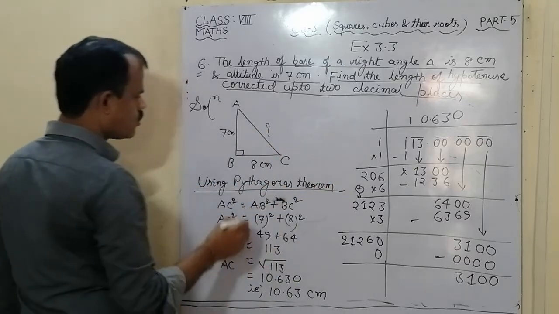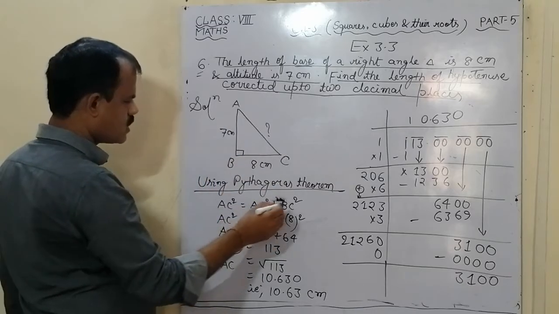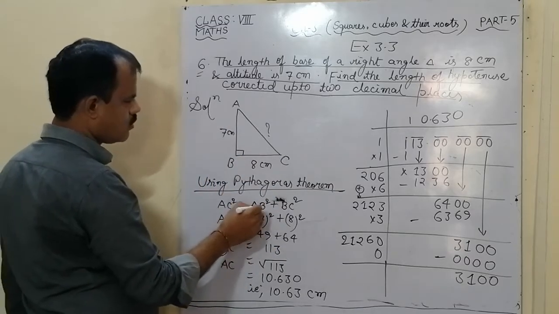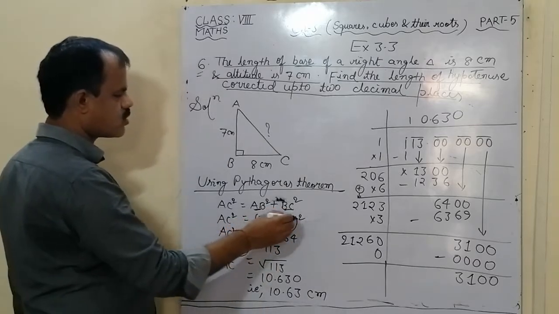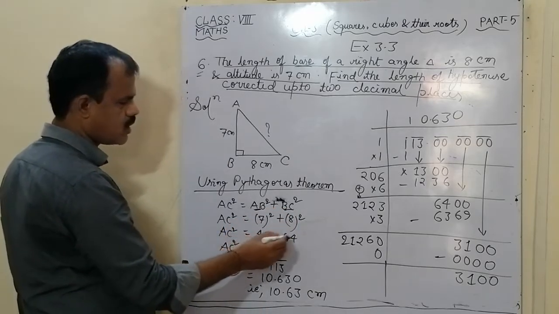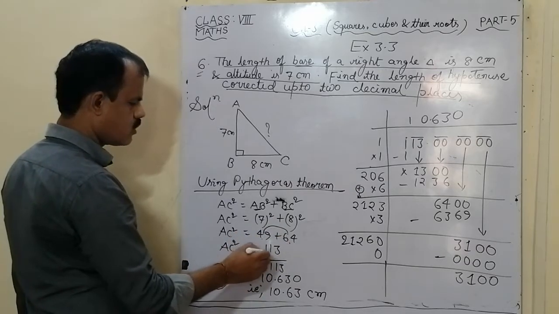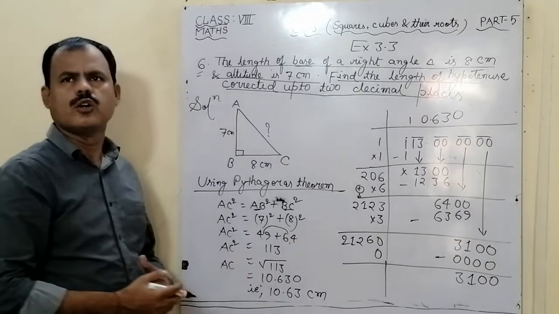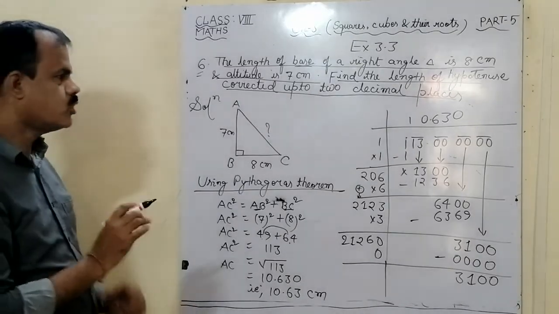Using the Pythagoras theorem, AC squared equals AB squared plus BC squared. AC squared, value of AB is 7, so 7 squared, BC is 8, so 8 squared. 7 squared is 49, 8 squared is 64. 49 plus 64 is 113. So we find the square root of 113 up to 2 decimal places.